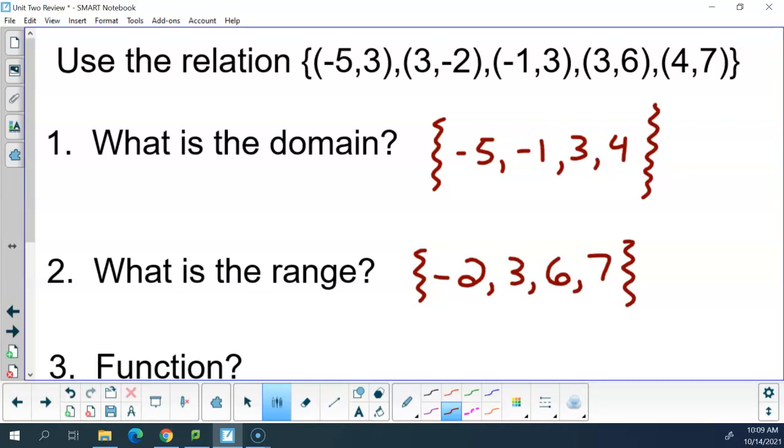Why not, Chris? Because we've got a repeat in the 3. Yep, we've got a repeated x value right there of 3. So this is not a function. If all of the x values have no repeats in the domain, then it is. But this one repeated.